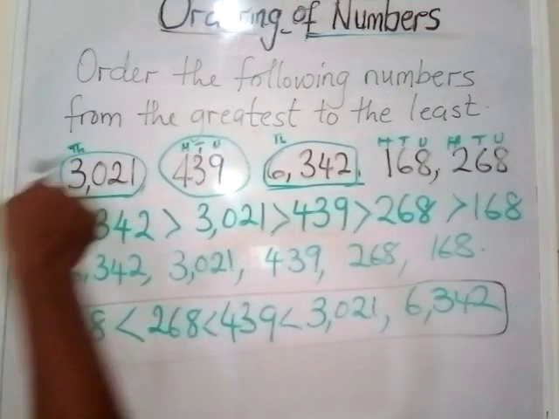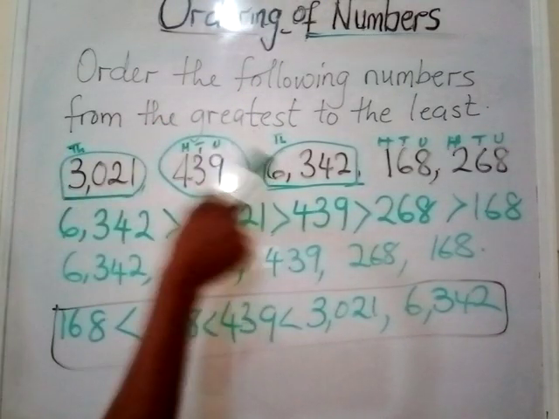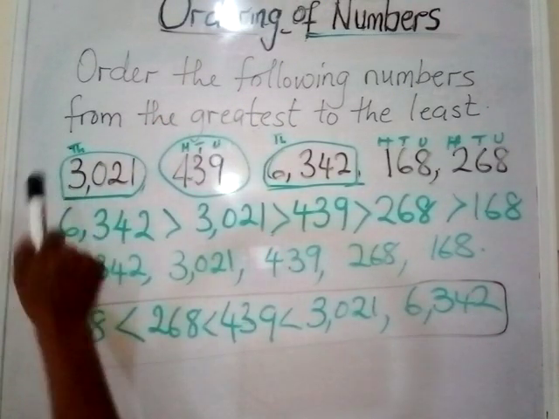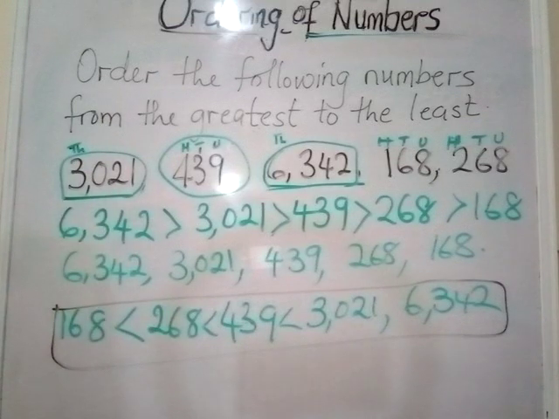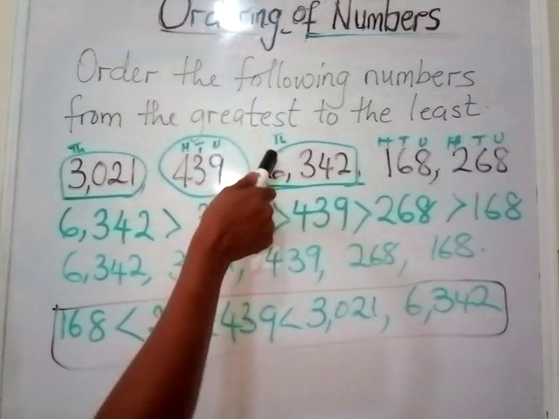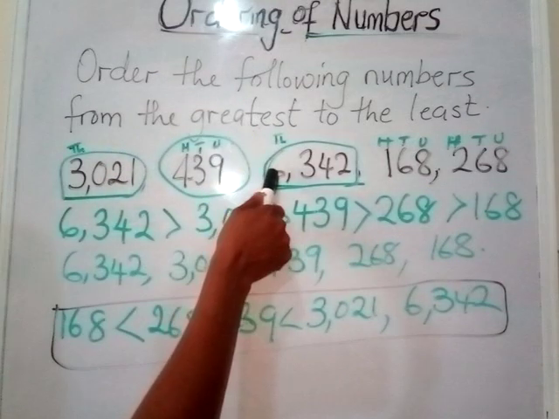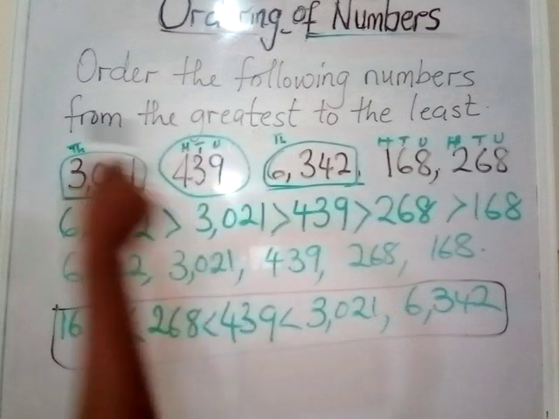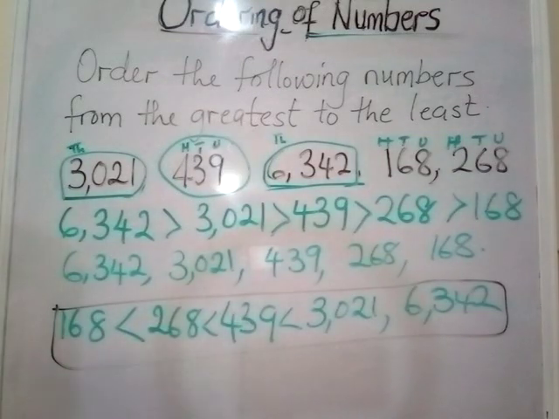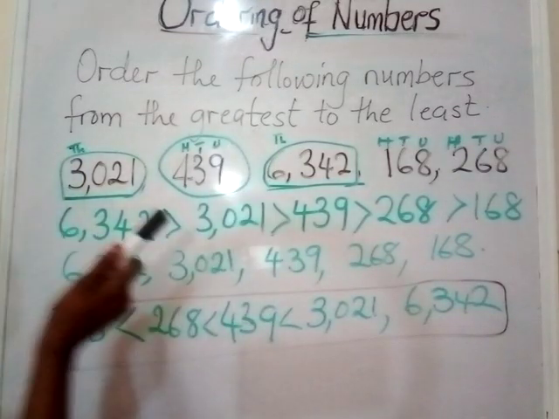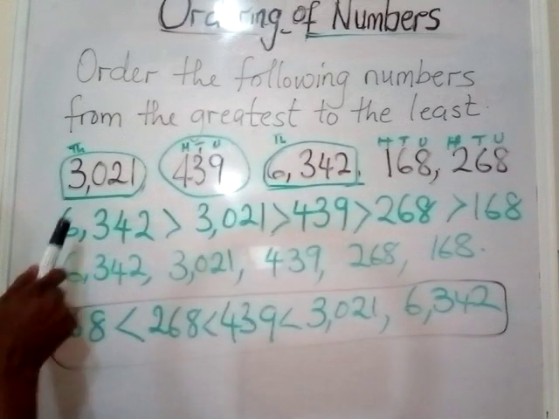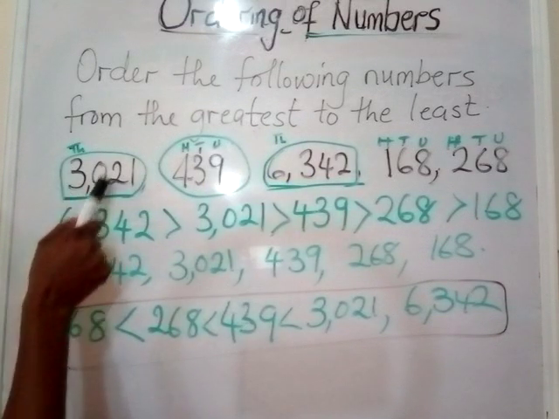That's where you do the separation. If they have the same digit in that position, you move to the next one until you spot a difference. But here, there's a difference already. One number has 6 in that position, while the other has 3. And we know that 6 is bigger than 3. So that means 6,342 is bigger than 3,021.